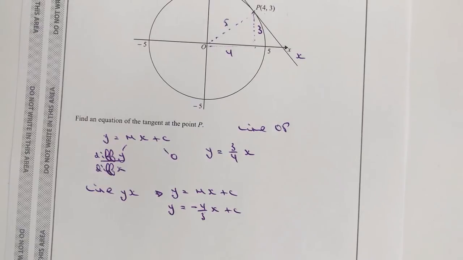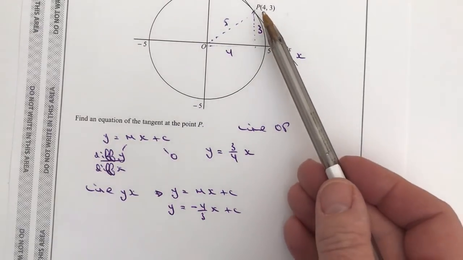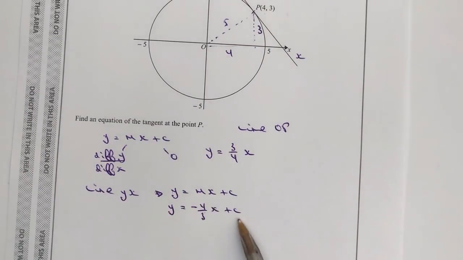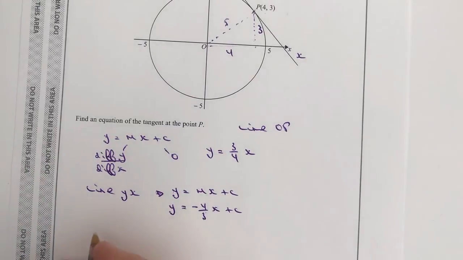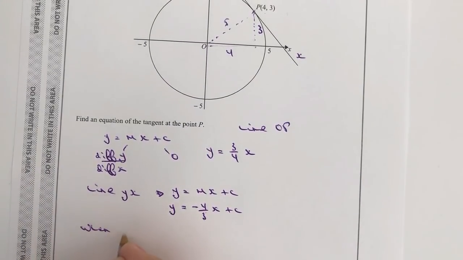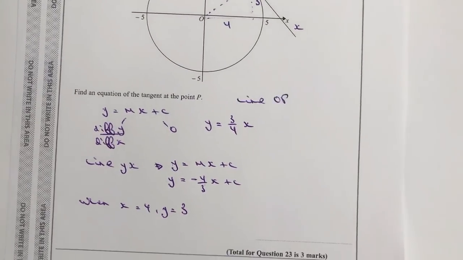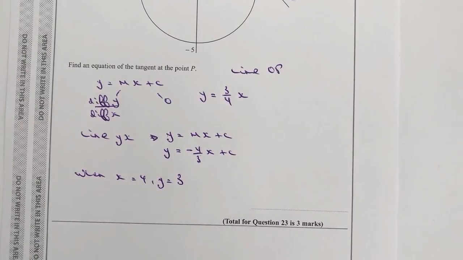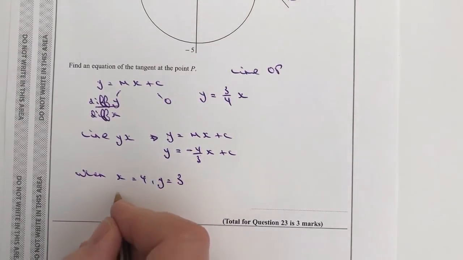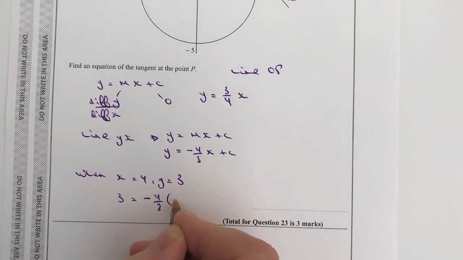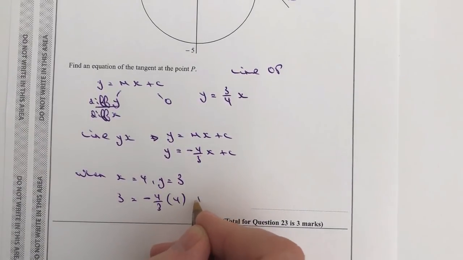Okay, so I then have a point 4,3 on this line that I can just plug into this equation to work out my value of c. So when x equals 4 and y equals 3, I'm going to get 3 equals minus 4/3 times 4 plus c.